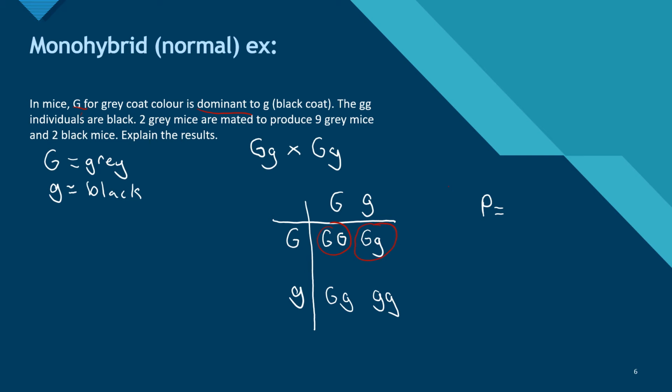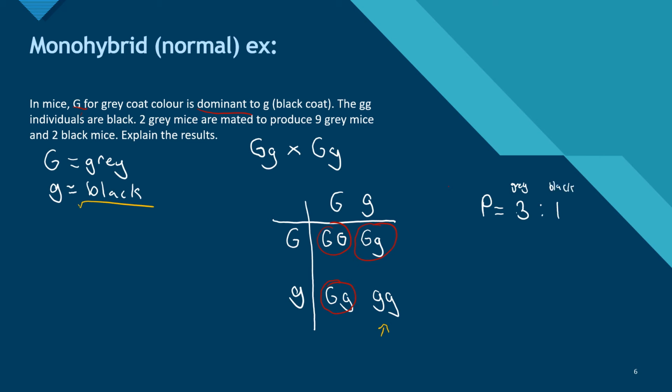This one is also still gray. This one, however, is not gray, because it's 2 of the recessive alleles, which means that it is black. So for our phenotypic ratio, 3 of the mice will be gray and 1 of them will be black.